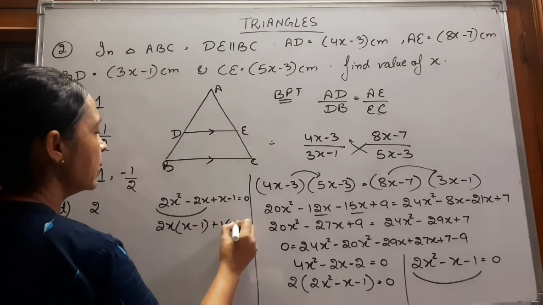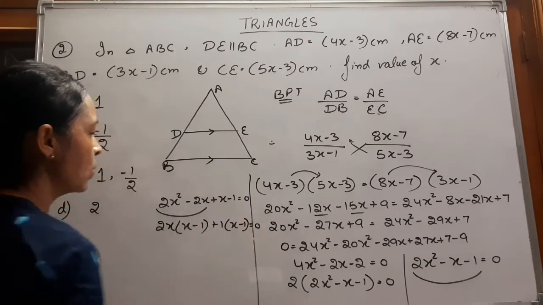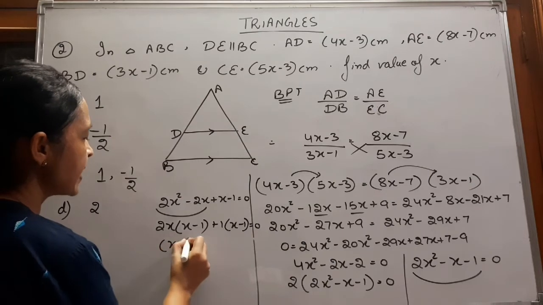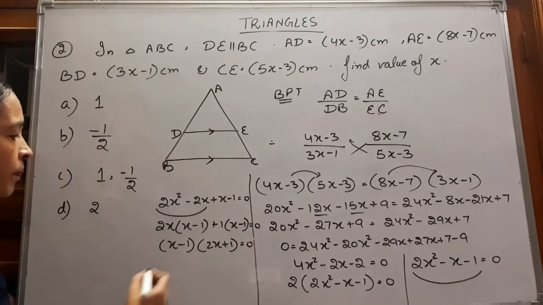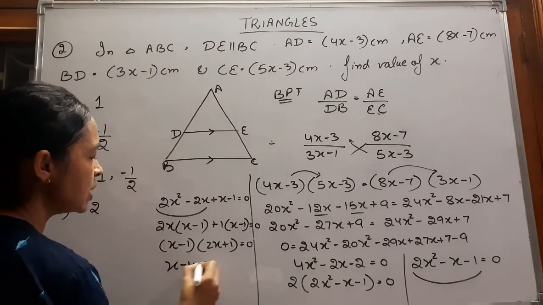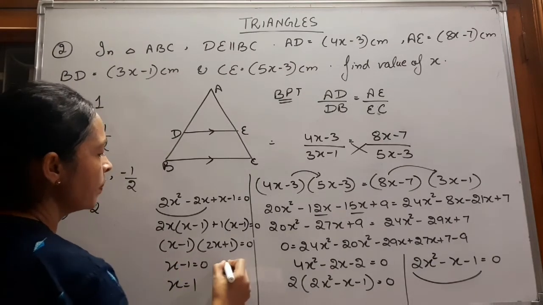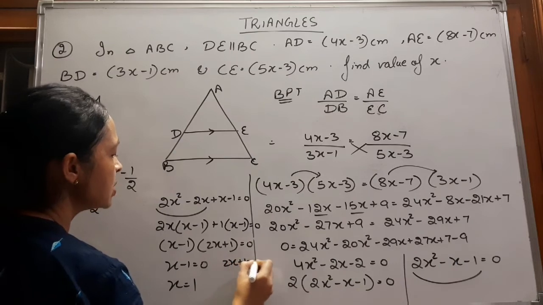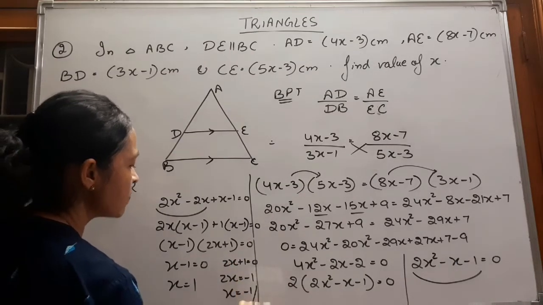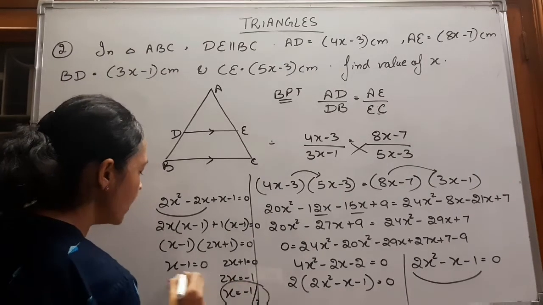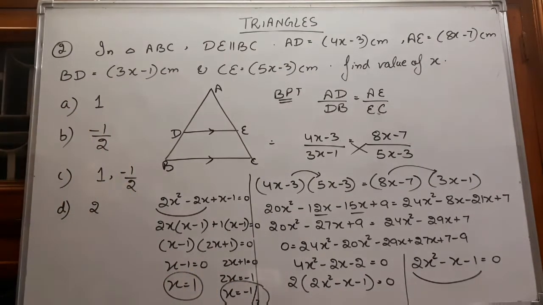Plus 1 common, x minus 1 equals 0. So we have two factors, x minus 1 and 2x plus 1, both equal to 0. x minus 1 equals 0, x equals 1. 2x plus 1 equals 0, 2x equals minus 1, and x is minus 1 by 2. So we have two values of x, 1 and minus 1 by 2.